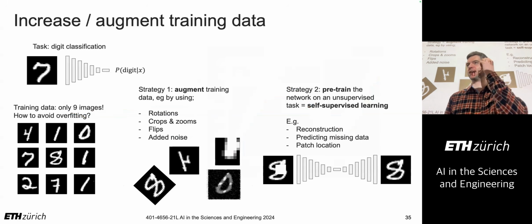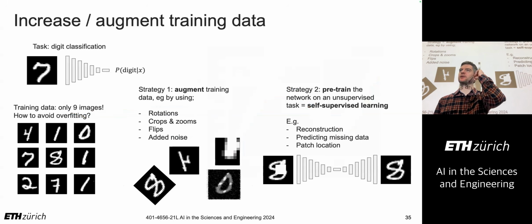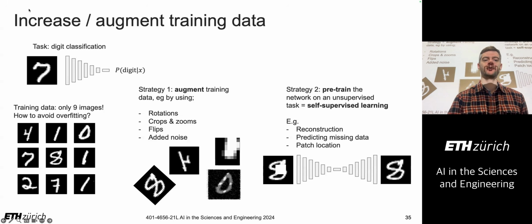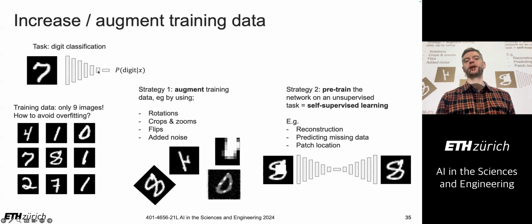The question is, how do we do that if we only have access to a few samples from that joint distribution? We don't have the data to improve. There are a lot of tricks to augment or change our training data to try and get around this. So let's imagine this situation where we want to train a neural network to do some digit classification.